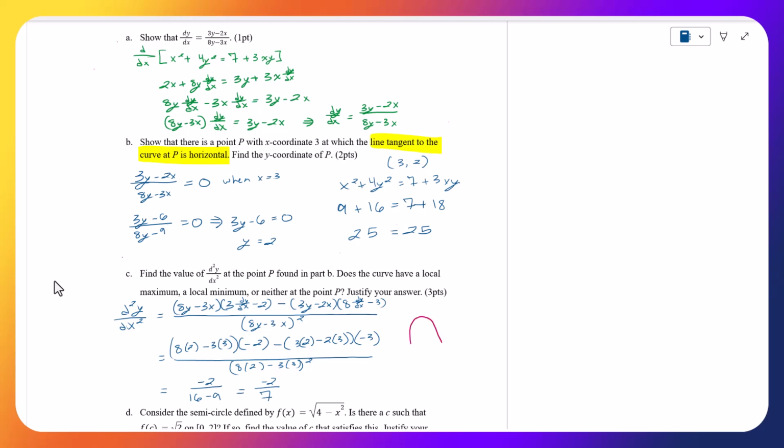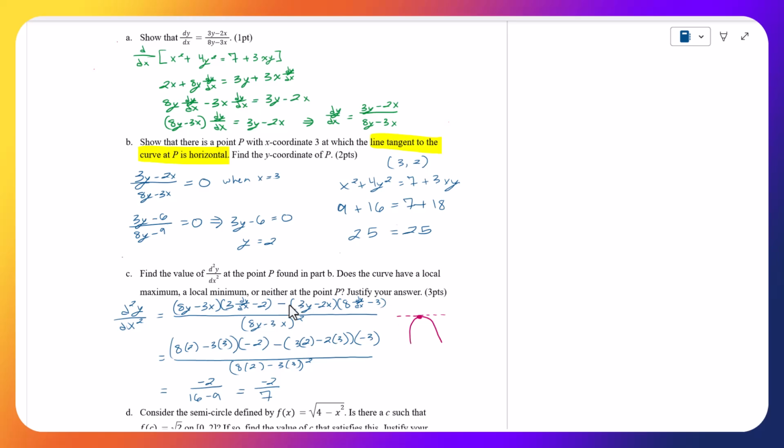And what is our first derivative at this point? Our first derivative is 0. We have a critical point. So if we're concave down and we're at a critical point, in other words, our line tangent to the curve is horizontal, our point is going to be right here. And what is this? Local maximum, minimum, or neither? Well, this is a maximum.